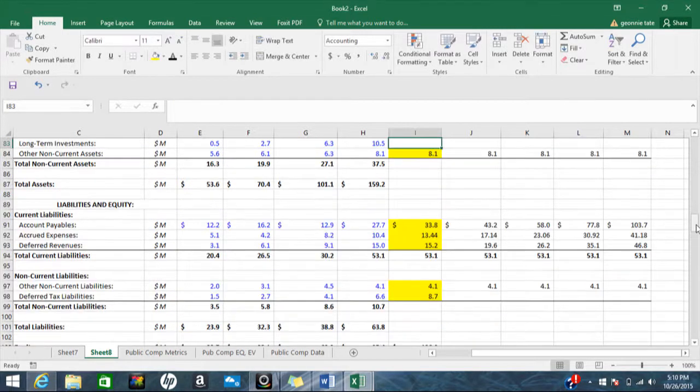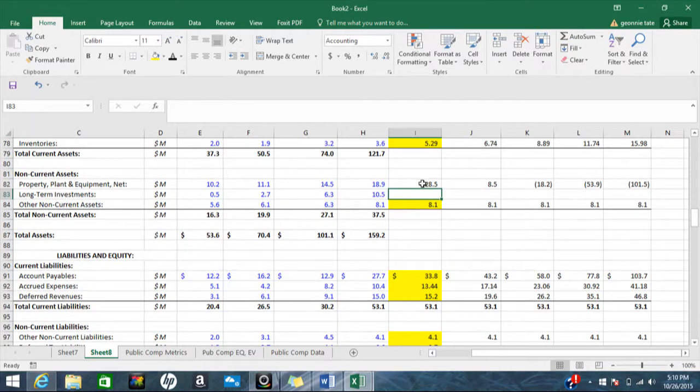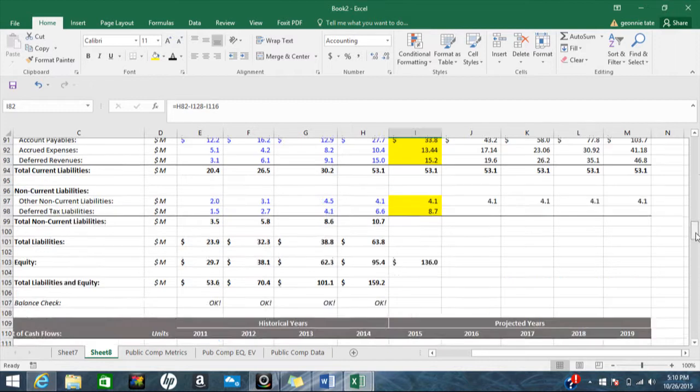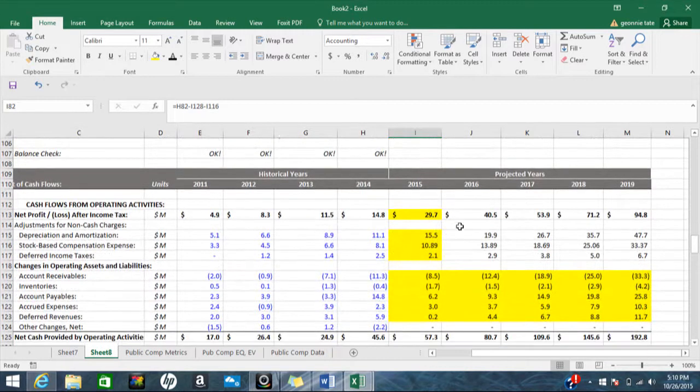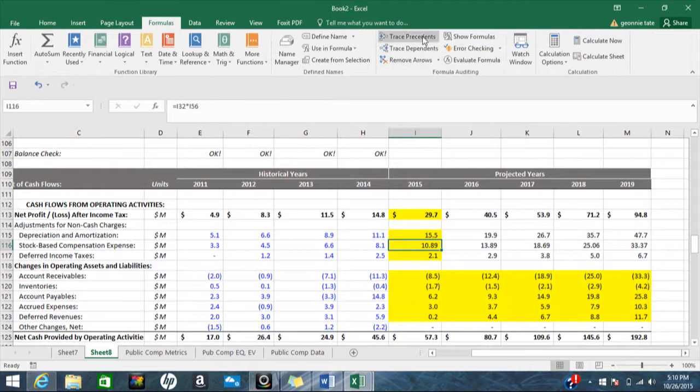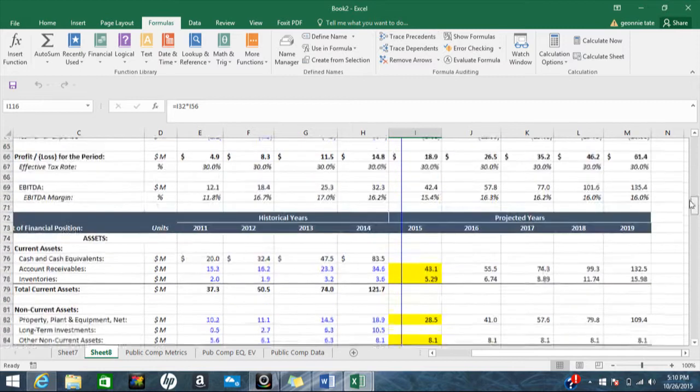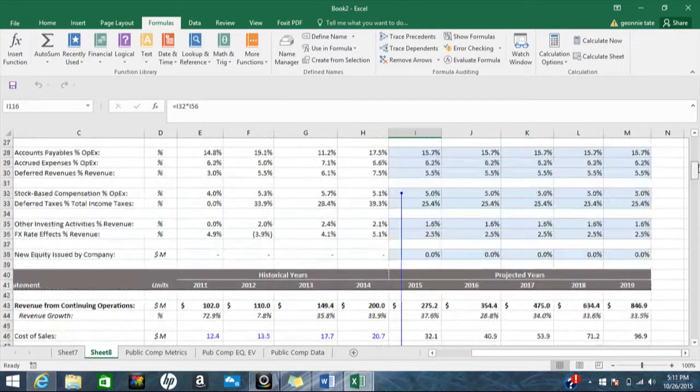I had to go back and figure out what I did with D&A previously because it'll throw everything off. And I think I just subtracted the D&A this time, so I know what I did, so it should be okay now. And I'm gonna use the precedents to see what happened before this.